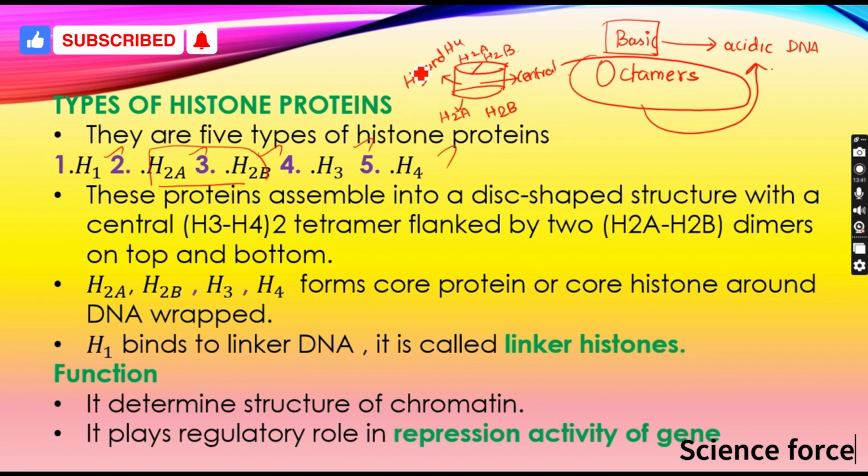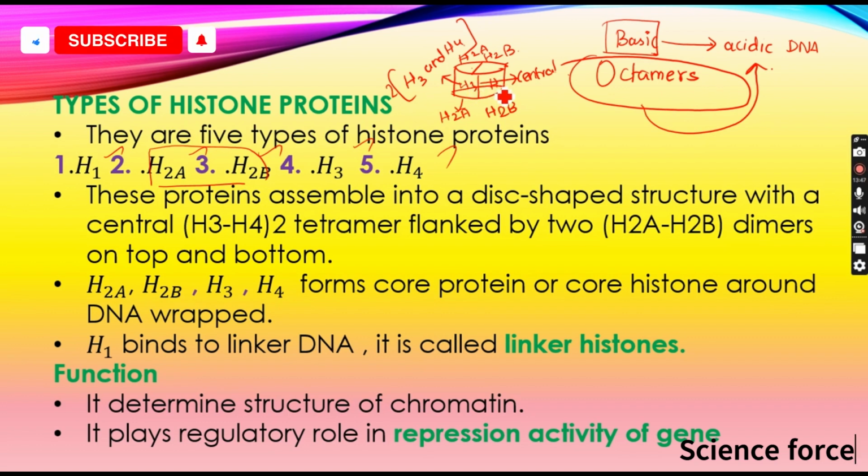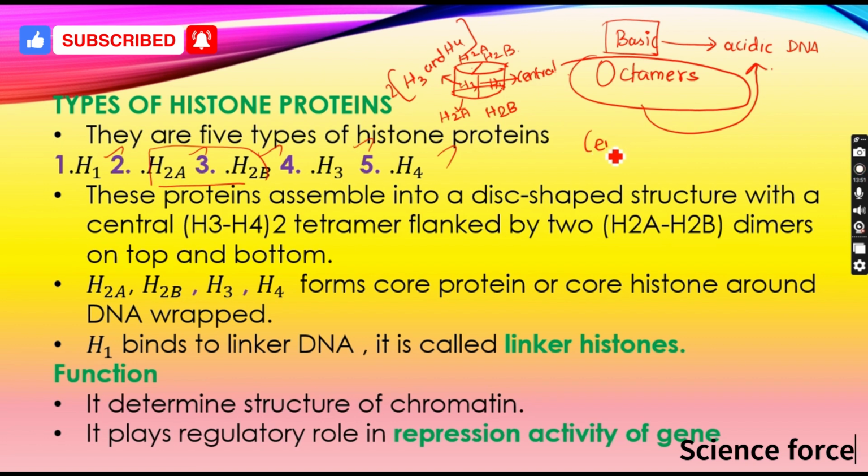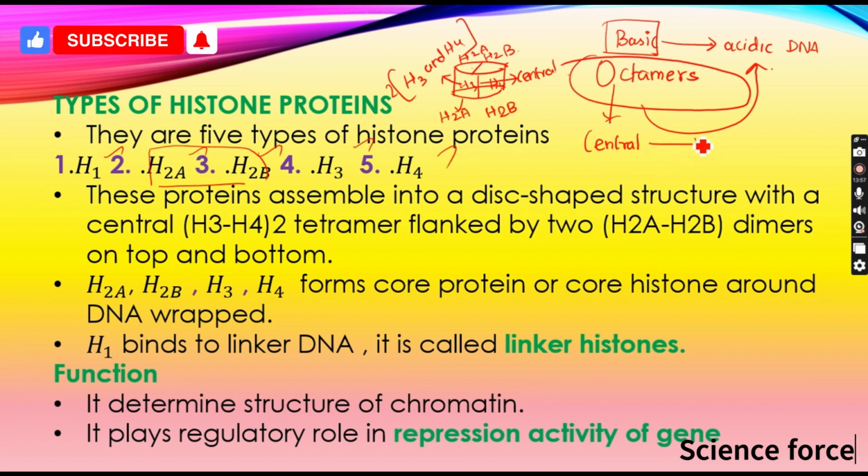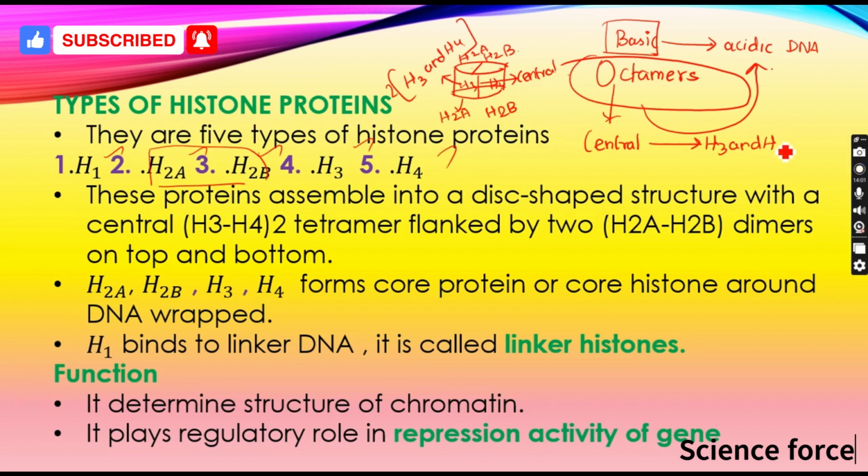So, as twice dimers, there are 2 types, H3 and H4 on this side and that side. The central region of the octamer is going to consist of H3 and H4.